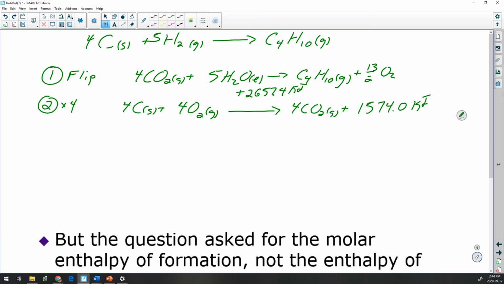And I also need 5 hydrogens. What do I have to multiply 2 by to get to 5? Use a decimal if it's really important to you. I use 5 halves. So I'm going to take reaction 3, multiply by 2.5.